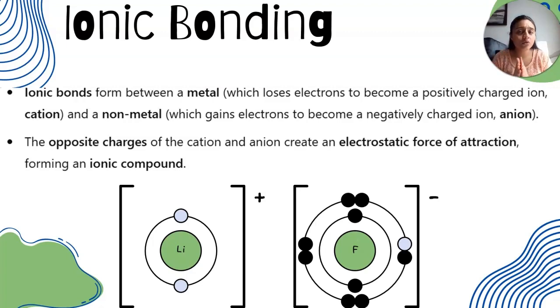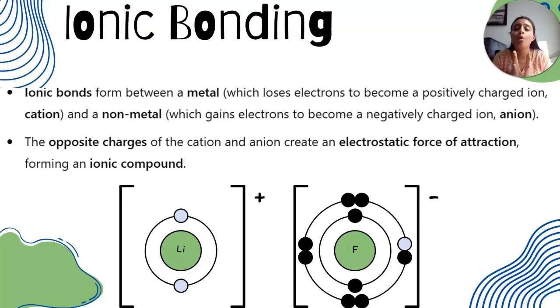Because we already know that metals have the positive charge because they have the tendency to lose electrons. But on the other hand, the non-metals have the negative charge because they have the tendency to gain electrons.